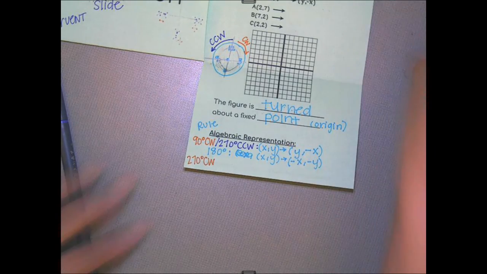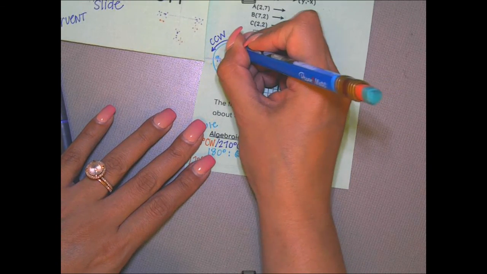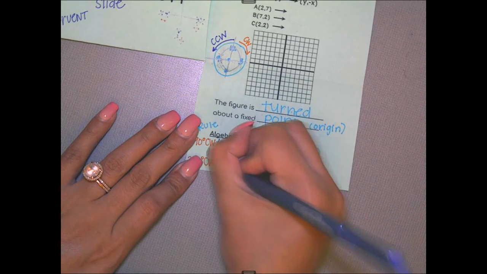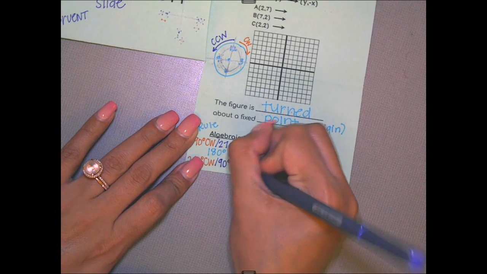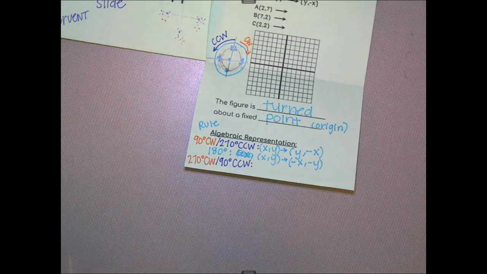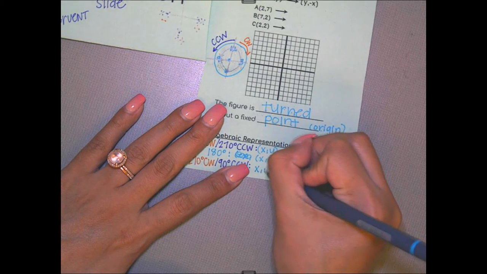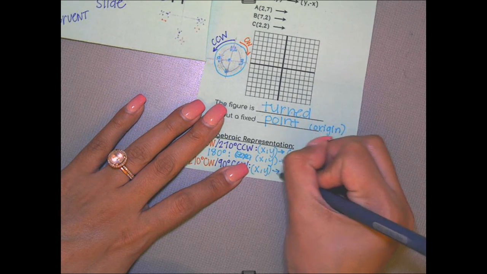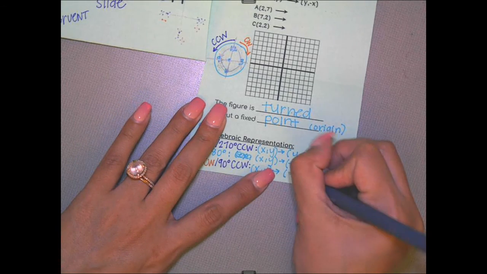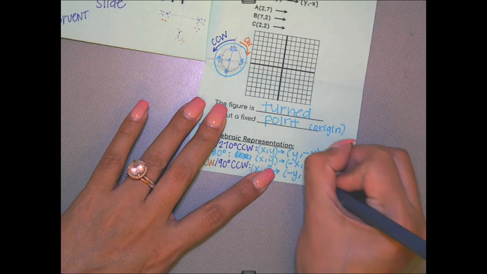And then if I went counterclockwise from the 12 to finish at the 9, that would be 1 turn, or 90 degrees counterclockwise. And that rule is going to be x, y turns into, and again, we're going to flip the order, but on this one, our y will do the opposite.